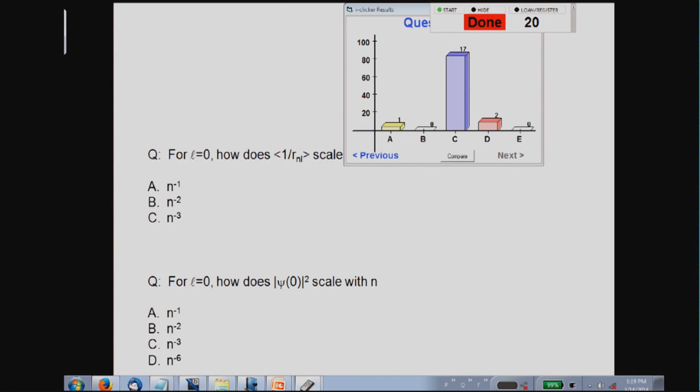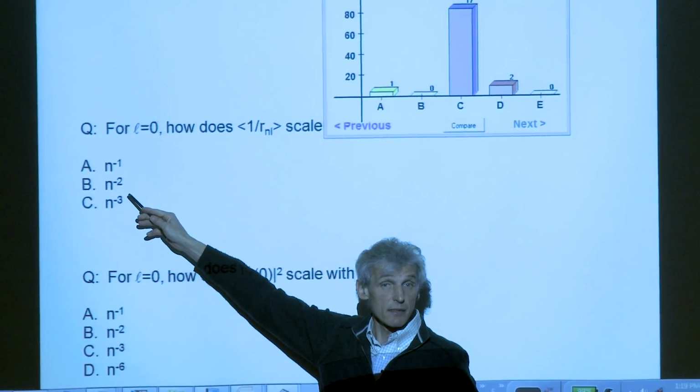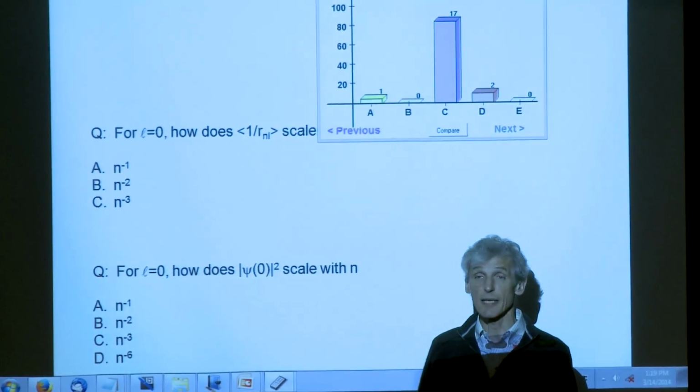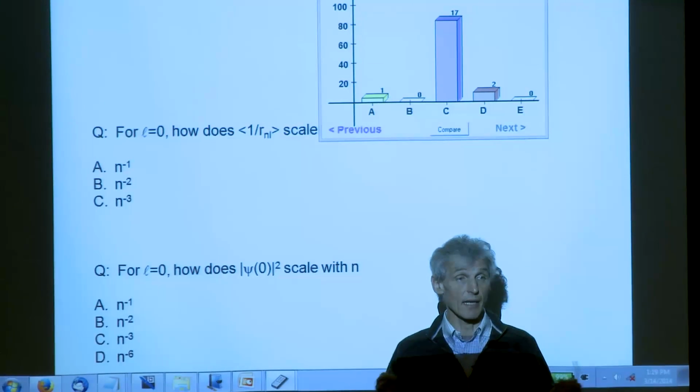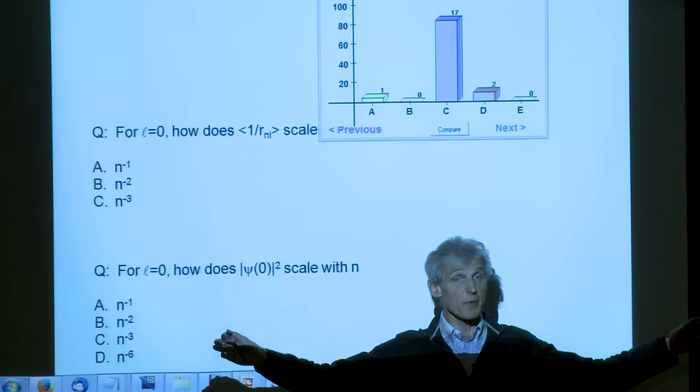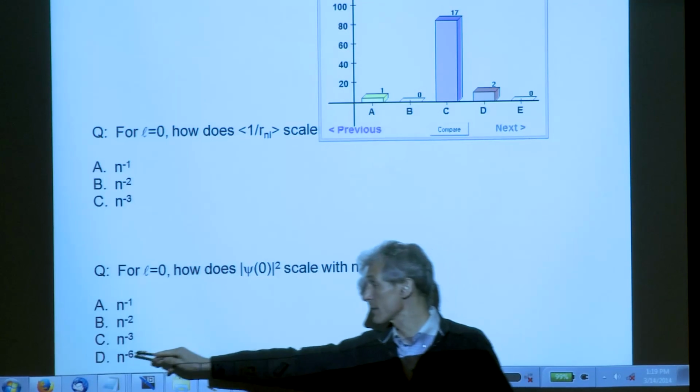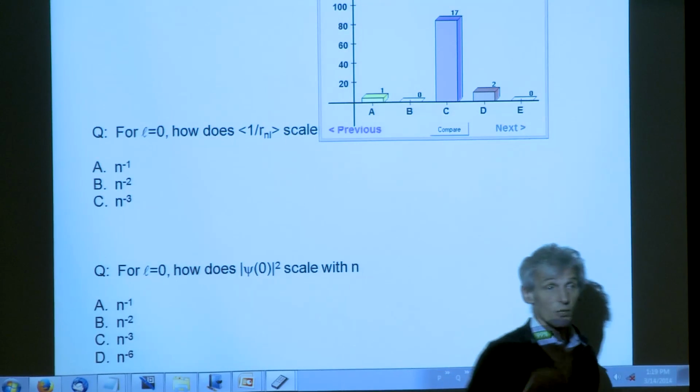Okay, yes, very good. What I try to remind you here is that there are two different radii. There is one radius which scales with n squared. But if you calculate the density at the origin, and say r scales with n squared, the volume scales with n to the 6, and then the density scales with n to the minus 6, you're wrong.